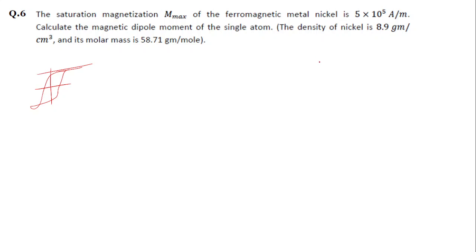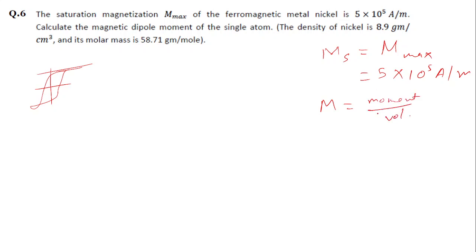That is what saturation magnetization is. So the value of saturation magnetization, we can write it as M maximum also, is given here: 5 times 10 to the power 5 ampere per meter. What is the unit of magnetization? Magnetization is magnetic moment per unit volume, right?